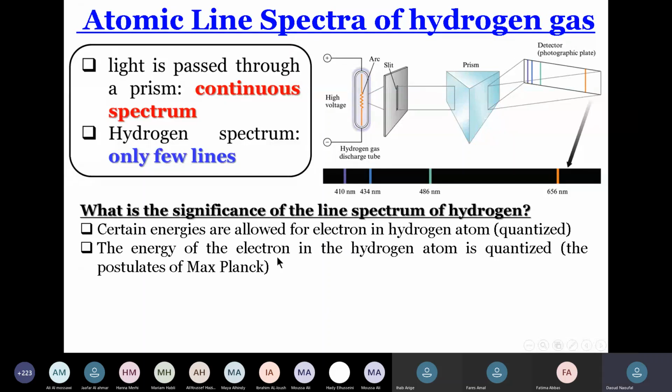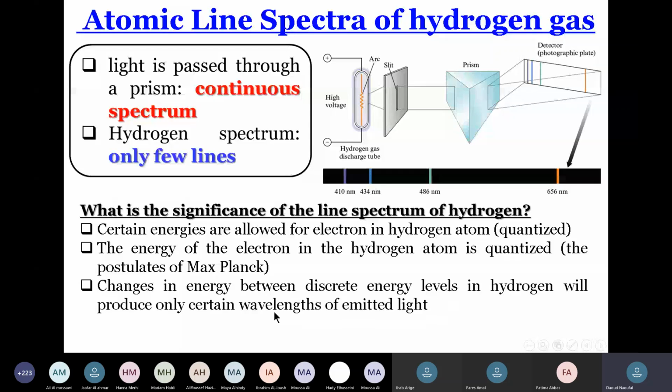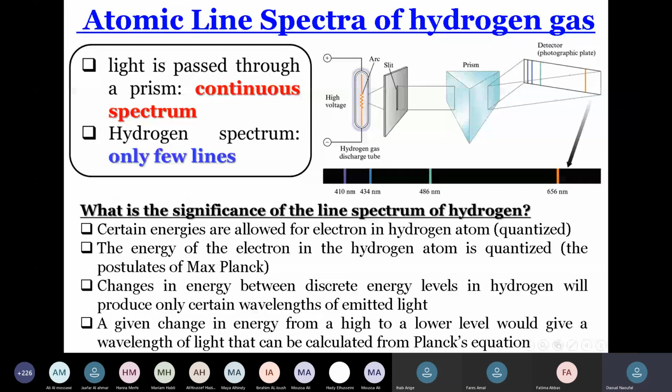The energy of the electron in the hydrogen atom is quantized, and this is the same meaning as the Planck experiment. The change in energy between energy levels in hydrogen will produce the wavelengths of the light emitted. A given change in energy from high to lower would give a wavelength of light that can be calculated from the Planck equation.